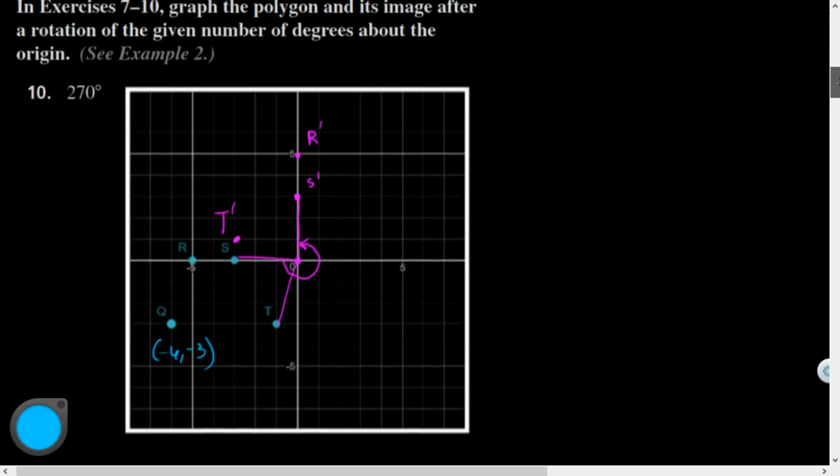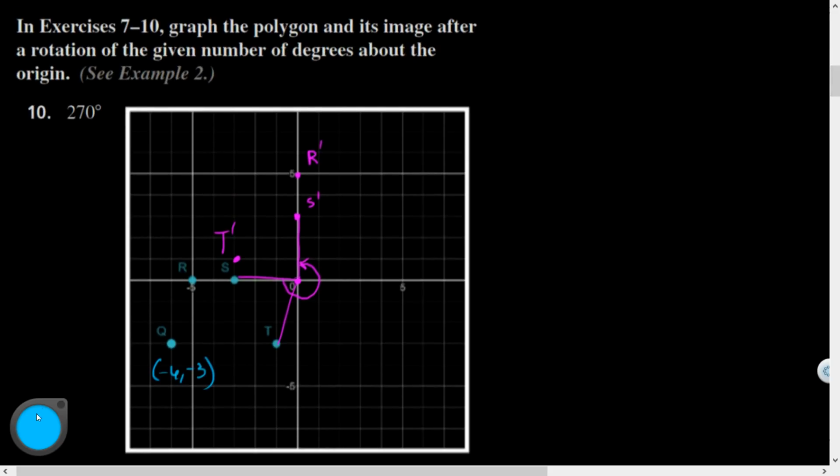So in the case of Q, Q prime must end up at -3, +6, because I've swapped the coordinates, and then the opposite of -6 is +6.